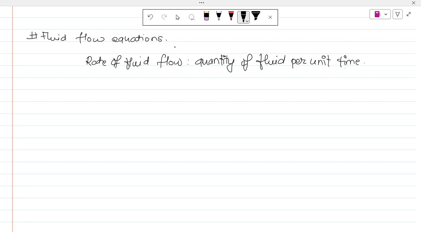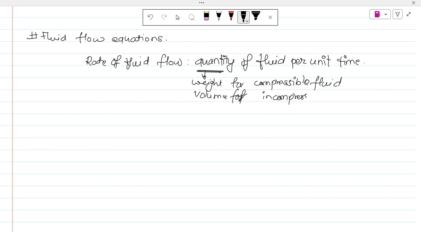And the quantity is weight for compressible fluid, and it is volume for incompressible fluid.